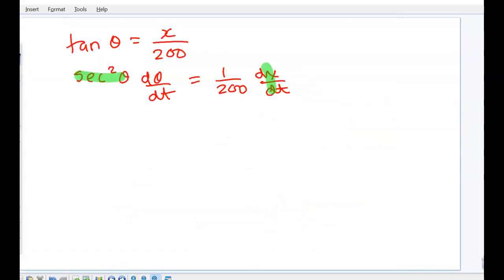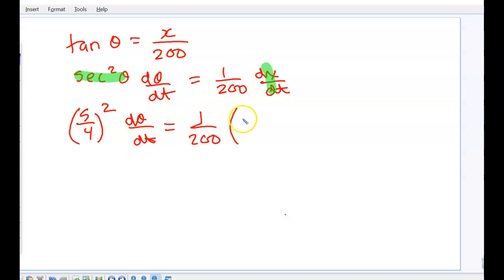So therefore, in this equation, secant theta is 5 over 4, squared, times d theta dt is going to equal 1 over 200 times 10, which was dx dt.